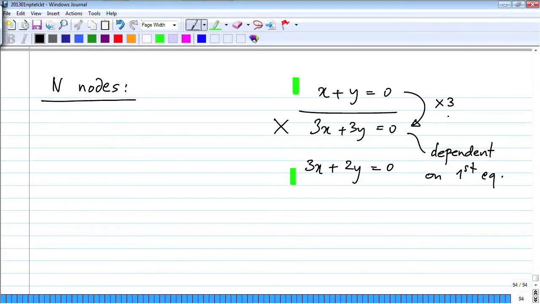Now we have n nodes, and we know that at every node we have KCL equations. So my question is, how many independent KCL equations do we have if we have n nodes?